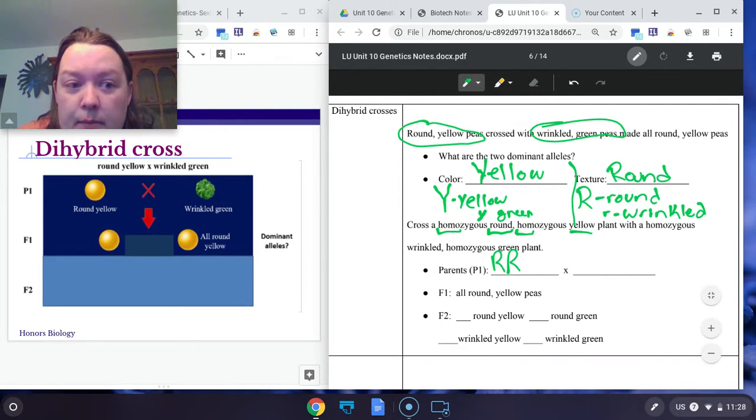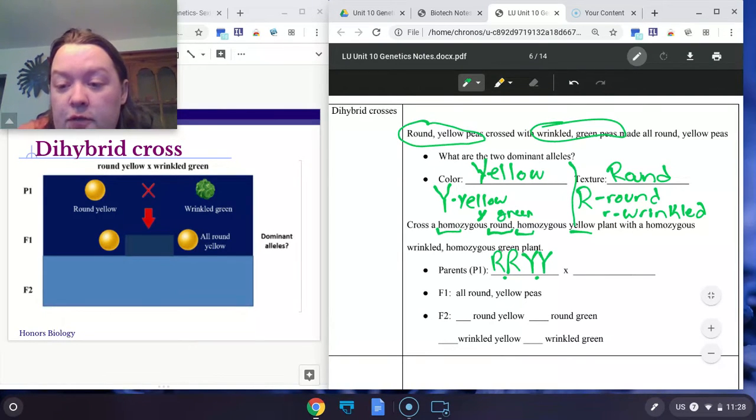Homo means same. Yellow, we said, is going to be big Y. So two of the same big Y's would be big Y, big Y. So this would be parent 1 because parent 1 is going to be round and yellow, and it's homozygous for both. Now this is a little bit different in a dihybrid because, again, we're looking at two traits at the same time, meaning here's trait 1 and here's trait 2. So the R's are trait 1, the Y's are trait 2.